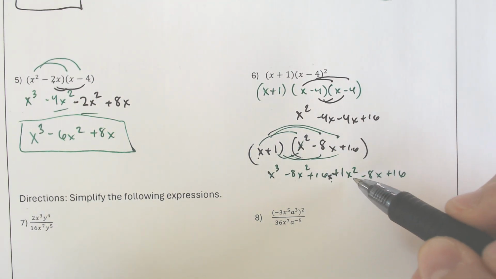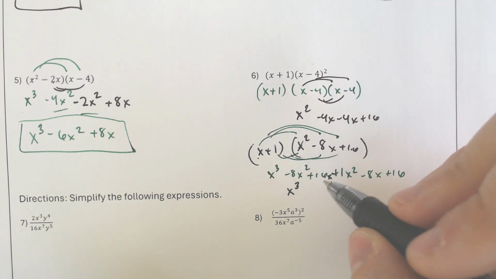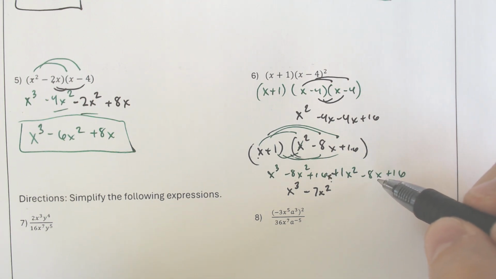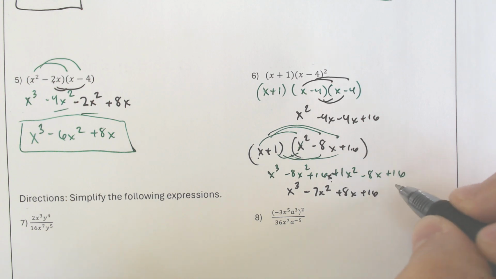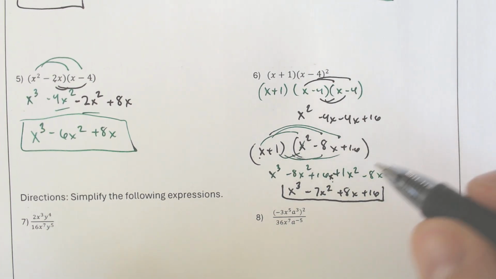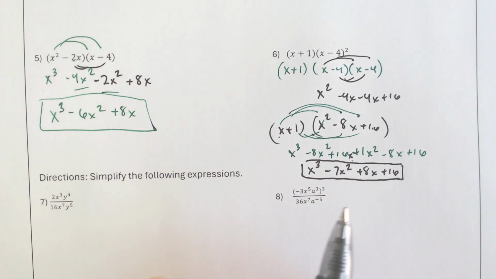Negative 8x squared and positive 1x squared makes negative 7x squared. And then 16x and negative 8x makes positive 8x. And then the plus 16 had no friend, so it just drops down. There's our answer.